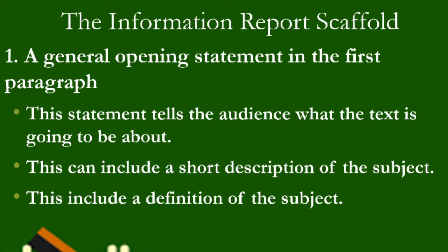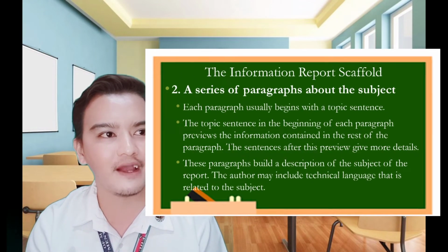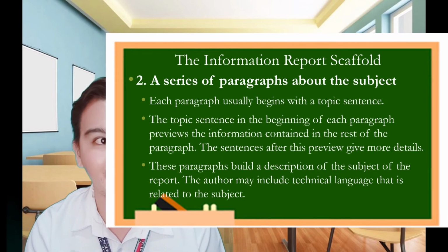The first step is a general opening statement in the first paragraph. So this statement tells the audience what the text is going to be about. This can include a short description of the subject or a definition of the subject. The second step is a series of paragraphs about the subject. Each paragraph usually begins with a topic sentence.